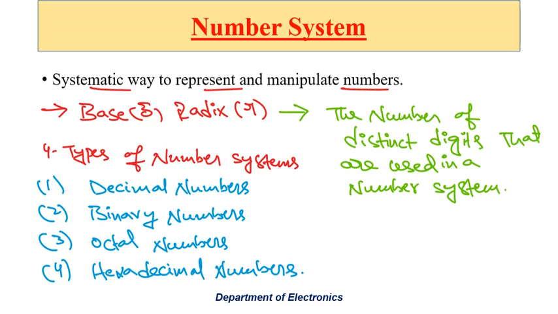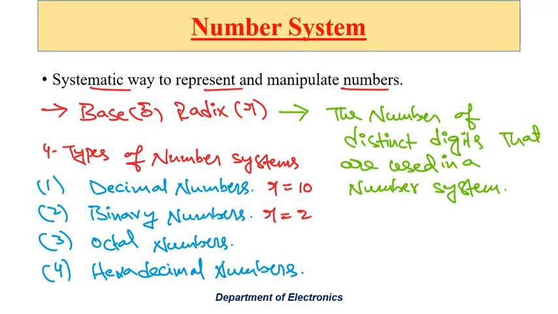For all these number systems, the base value is different. For example, for decimal number system, the base value is 10. So deci stands for 10, so its base value equals 10. That means it uses 10 different symbols to represent a number. For binary number system, the base value is 2, bi stands for 2.